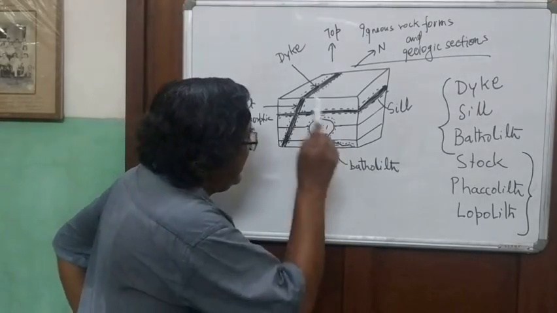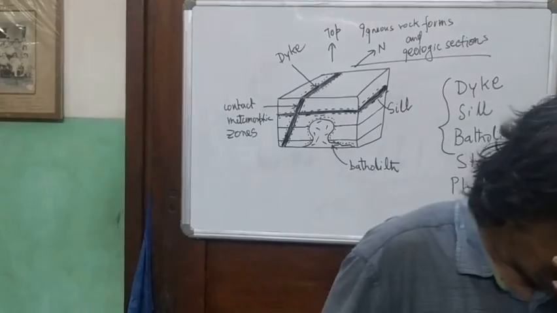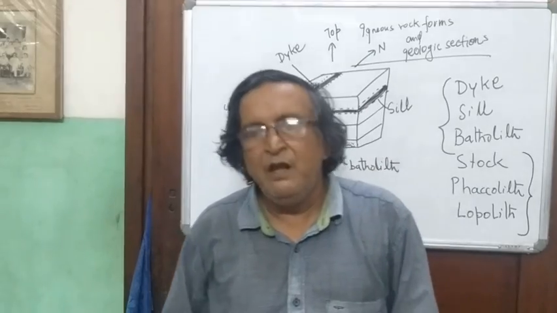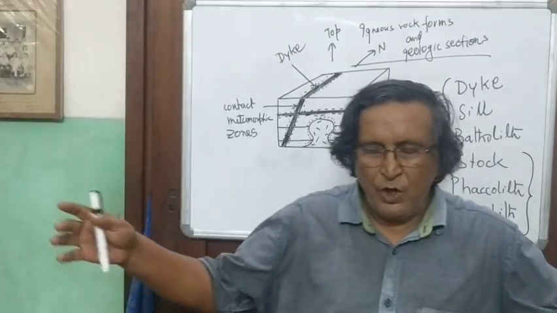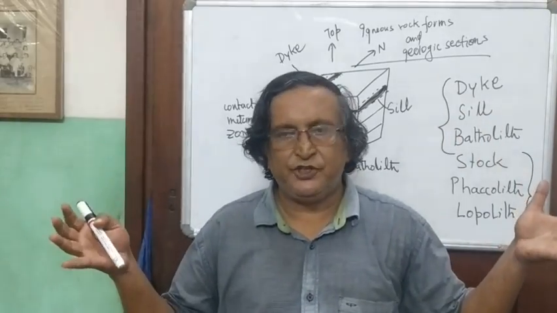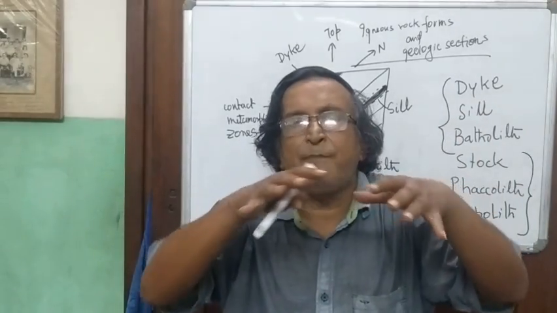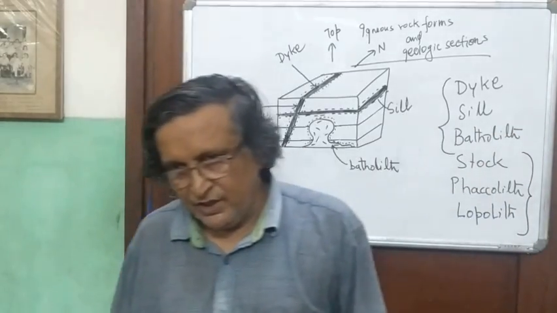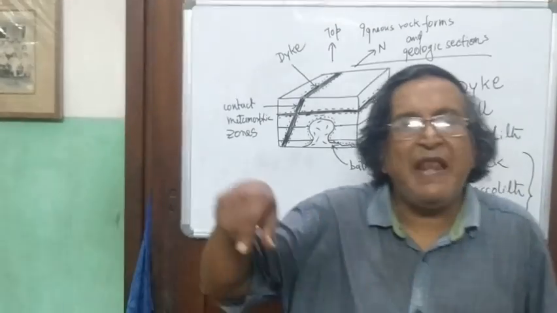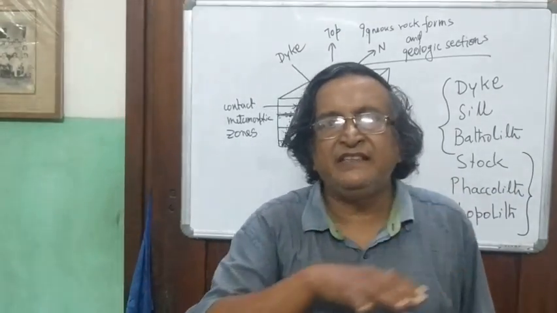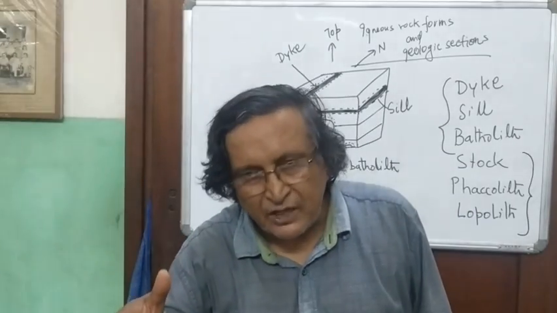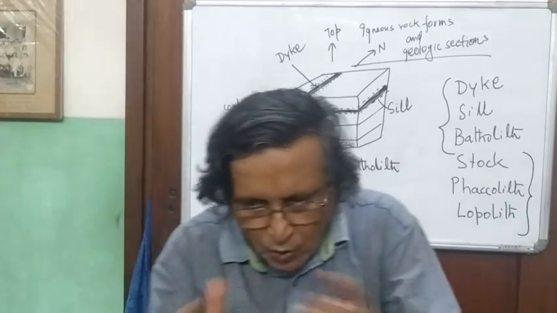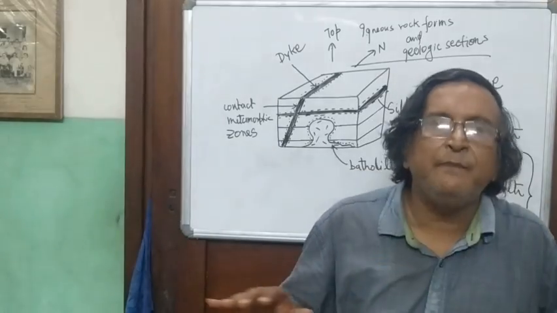And this is called a batholith. A batholith is a large igneous body which is non-planar in shape, and it has intruded in the shape of a dome into the existing crust. So on a plane surface, a batholith is mostly circular to semicircular to elliptical in shape. There are no limits to it, but they are very big in size.